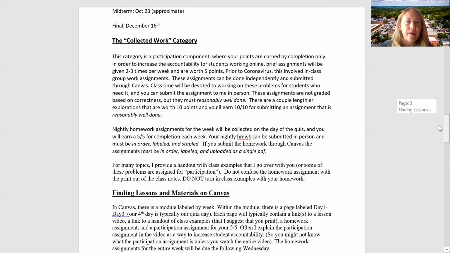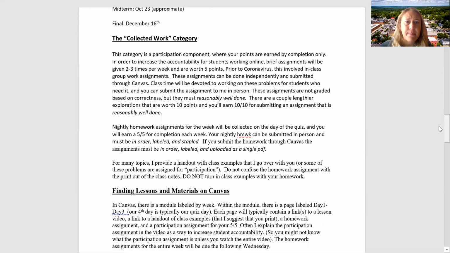I'm going to talk more about the collected work category in a separate video, but I'll say a little bit about it here. This is where your points are earned totally based on participation. On the day that you take the quiz, you will be turning in all homework assignments from the week before, and you'll get a 5 out of 5 just if they're complete.